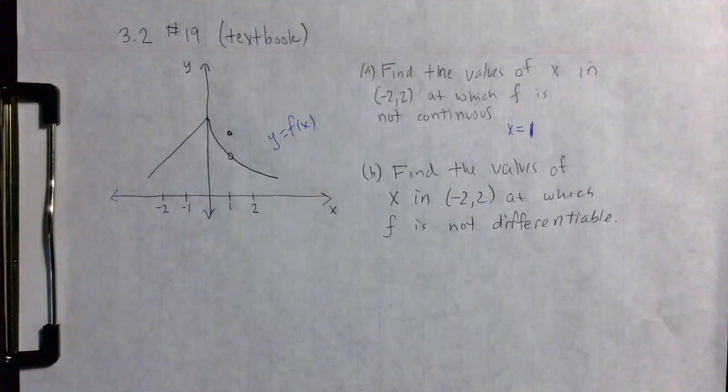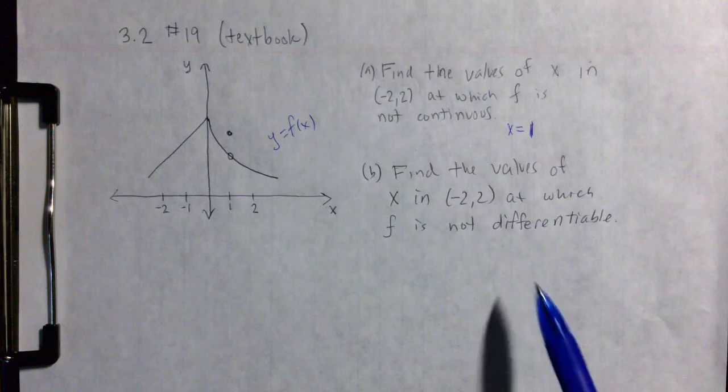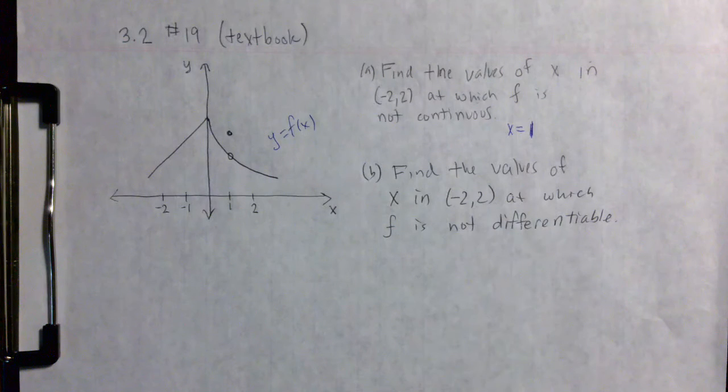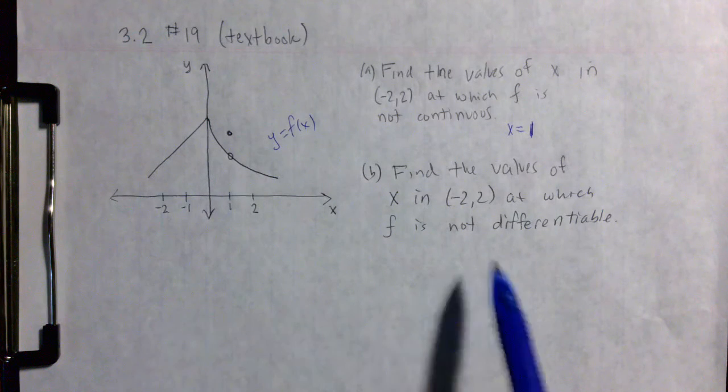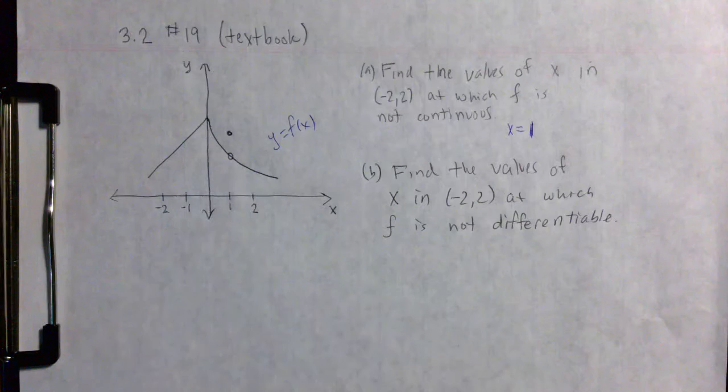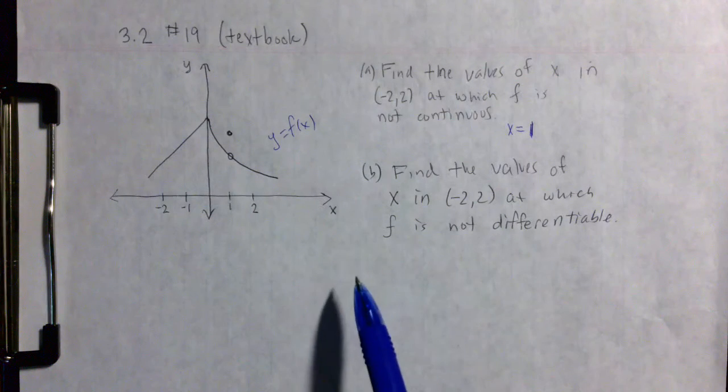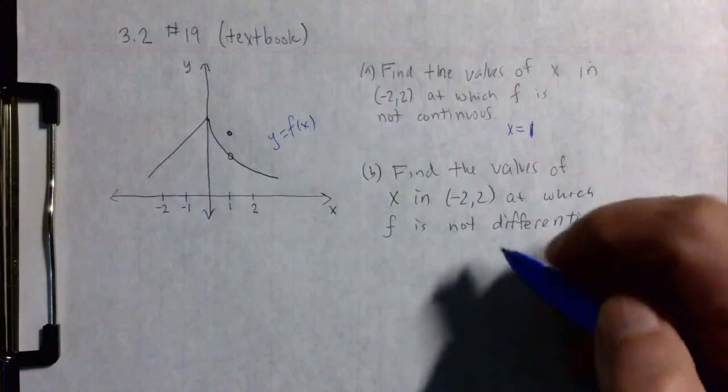And that's really at the heart of what this problem is pointing out to us. To be differentiable at a point just means that the derivative exists, or is defined, at that point. And that's why at a discontinuity, you can never be differentiable. So this is not differentiable at 1.